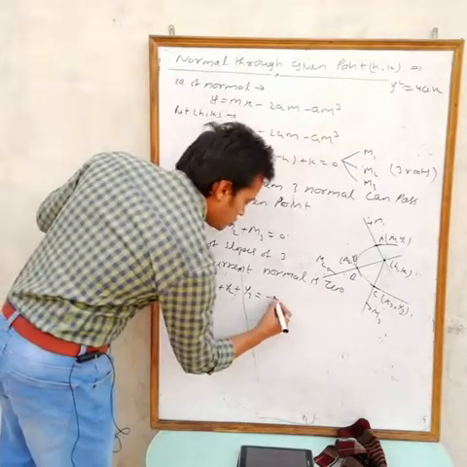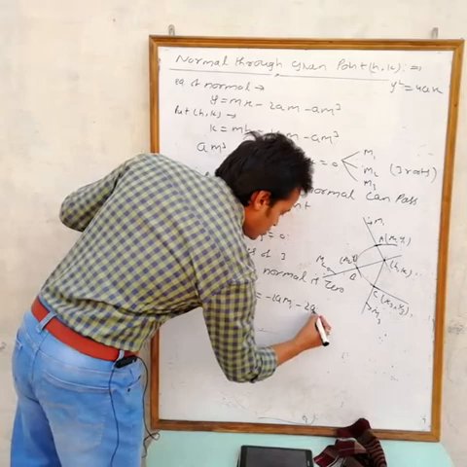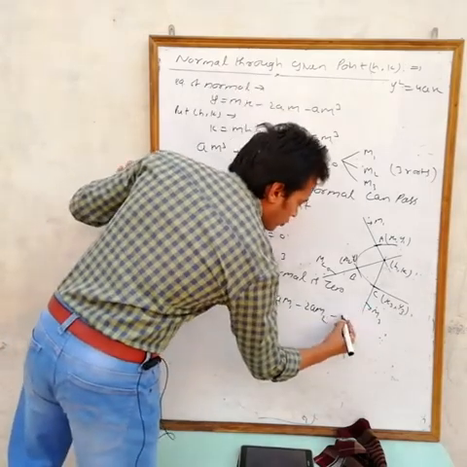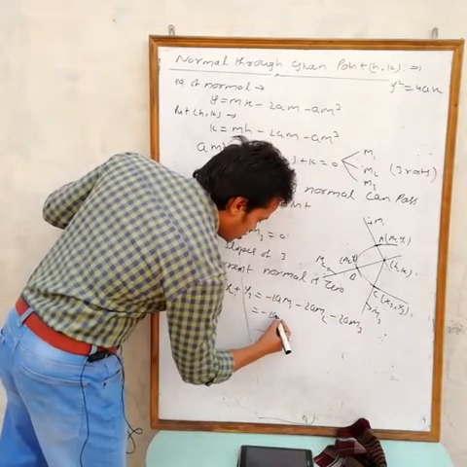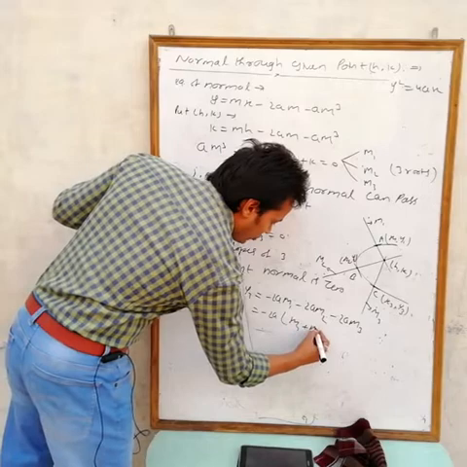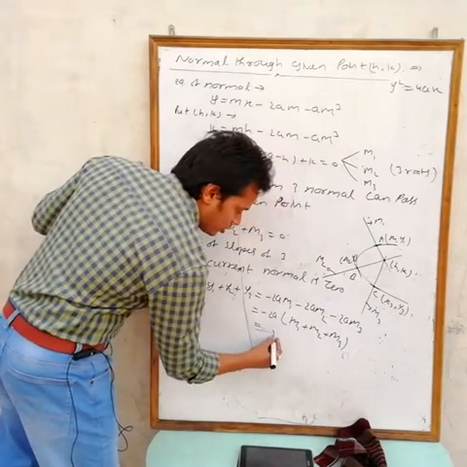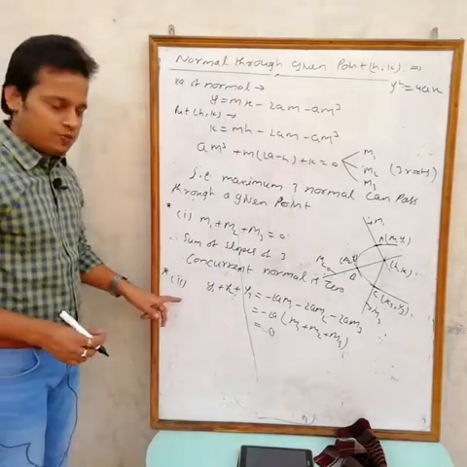So y1 is minus 2am1, y2 is minus 2am2, y3 is minus 2am3. If you take minus 2a common, then we are getting m1 plus m2 plus m3, that is 0, so the total is 0. Okay, so also remember these both points.